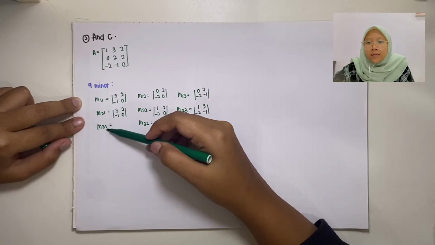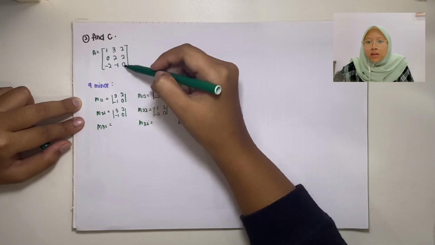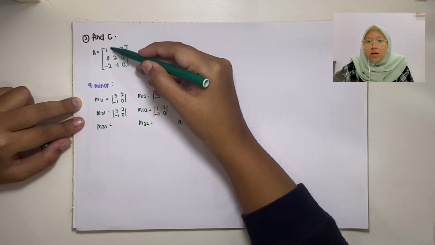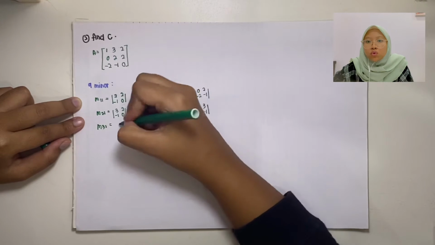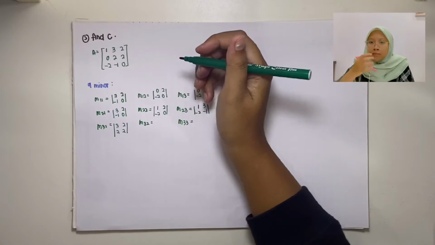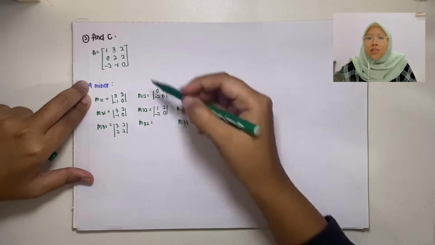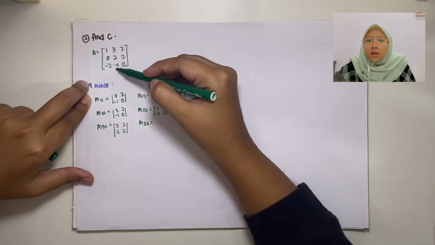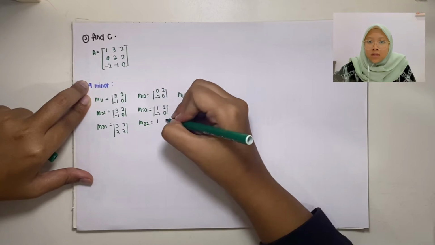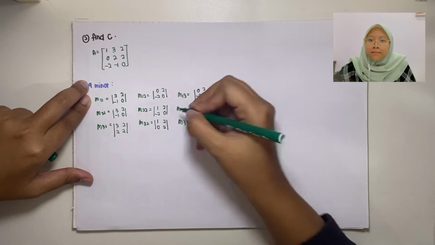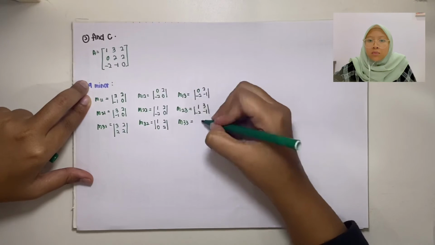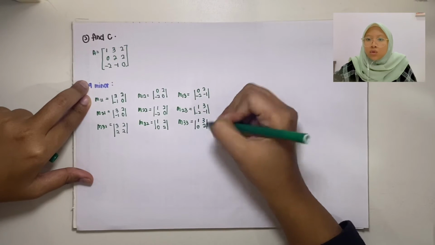For M31, row 3, column 1, we take the opposite, which is 3, 2, 2, 2. For M32, row 3, column 2, 1, 2, 0, 2. The last one, M33, row 3, column 3, 1, 3, 0, 2.